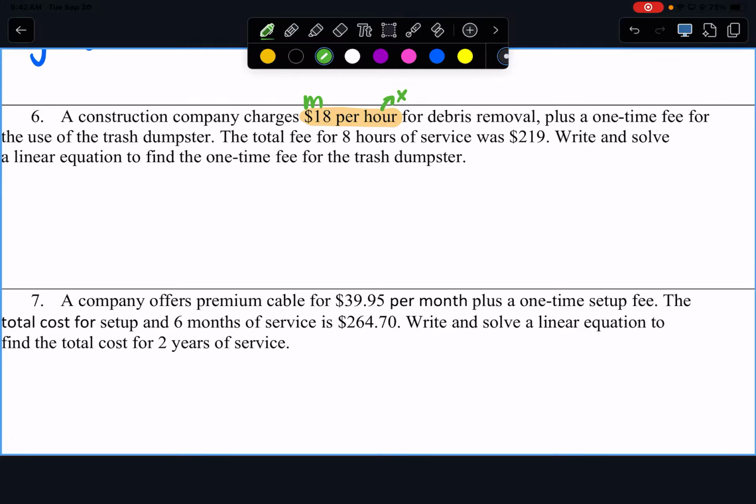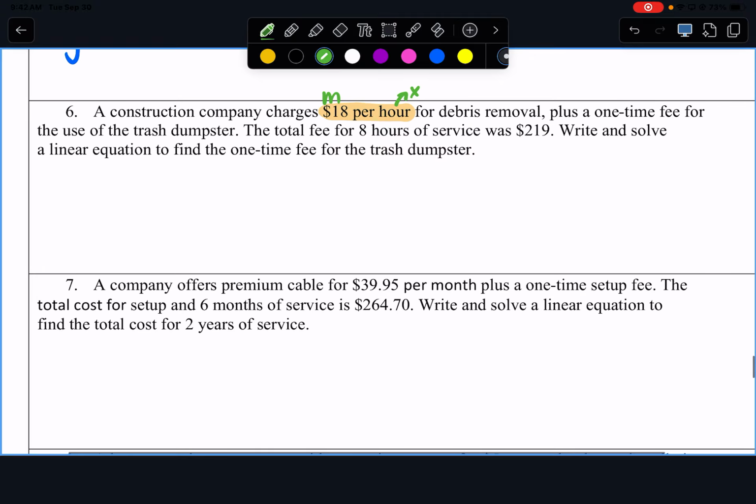We know that. Now, then it says plus a one-time fee for the use of a dumpster. Whenever we're given a one-time fee, what does that represent? Our B, our y-intercept. Does it give me any information about that B other than that right there? No. Okay, so right now, I don't need to worry about that.